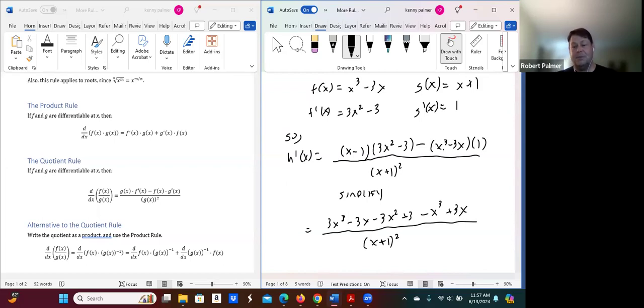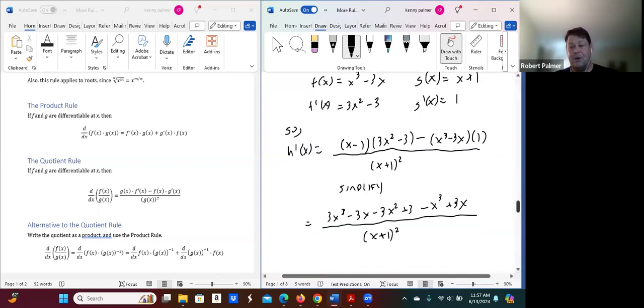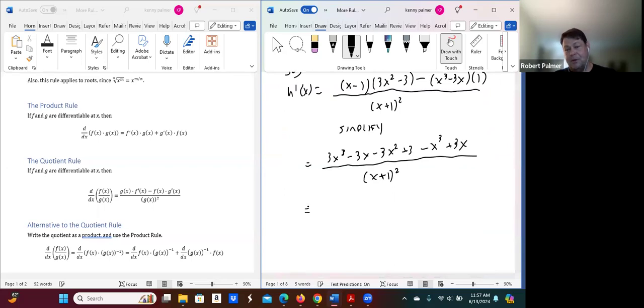Just change the signs. And then once again, simplify, combine your like terms, and it's a good idea to write this in descending order. Our denominator is the same, x plus 1 squared. Then notice we have 3x cubed and then minus x cubed. Those are like terms, and that's also our highest power.